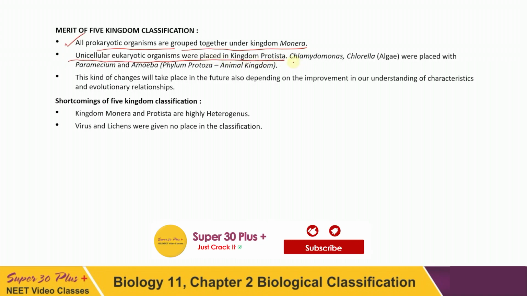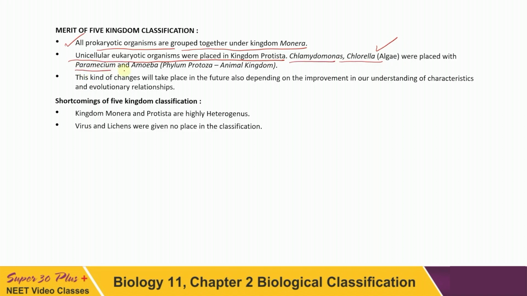No doubt Chlamydomonas and Chlorella were algae in the two kingdom classification. Paramecium and amoeba were placed in phylum Protozoa, animal kingdom. But now Chlamydomonas, amoeba and paramecium have been put together because these are unicellular eukaryotes, under kingdom Protista.